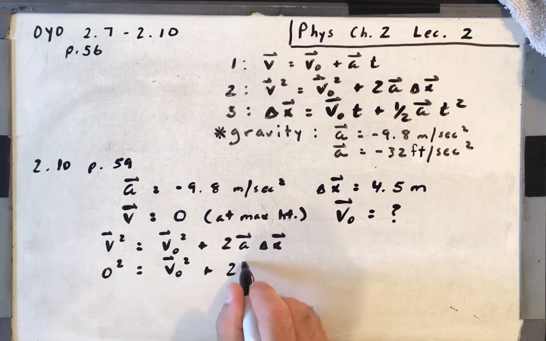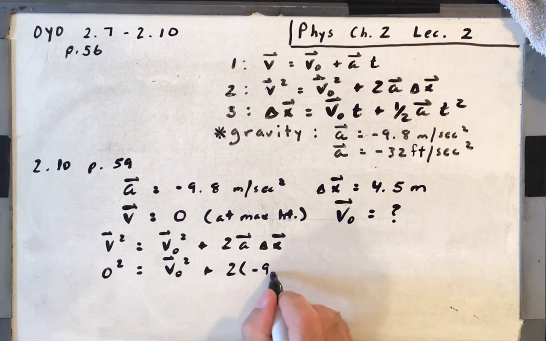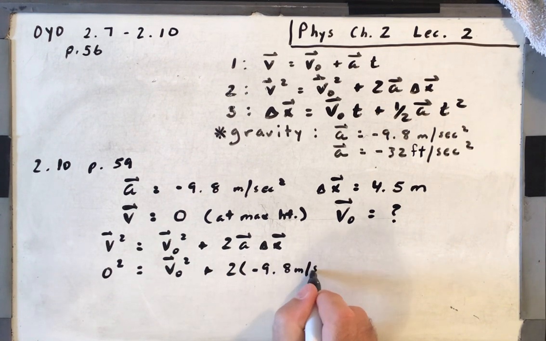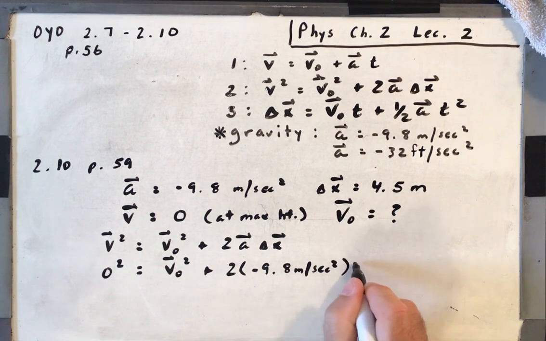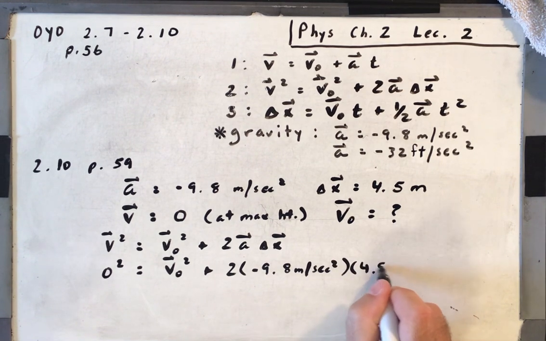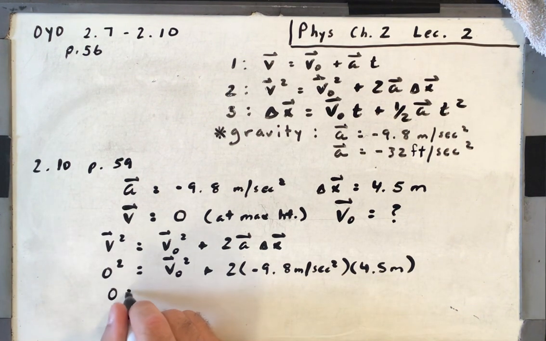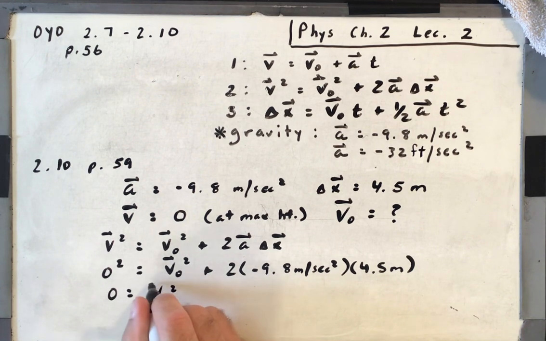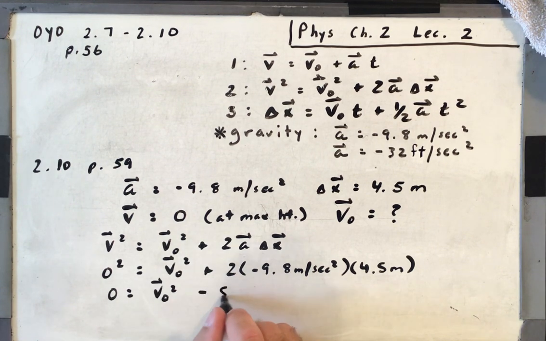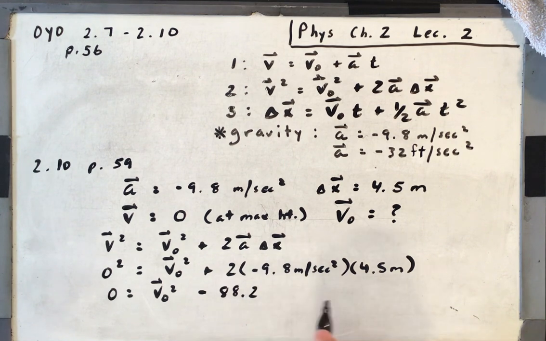And then we have 2 times negative 9.8 times 4.5. Okay, so if we multiply those three numbers out, you'll get negative 88.2. So I've got 0 is equal to V naught squared minus 88.2 meters squared per second squared.